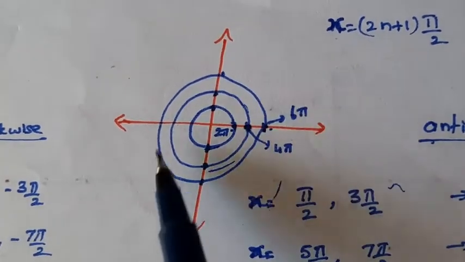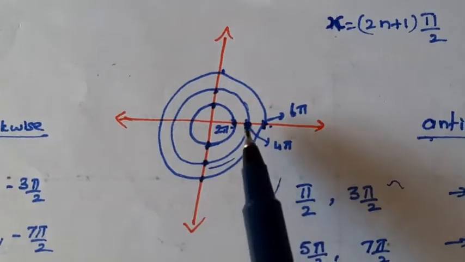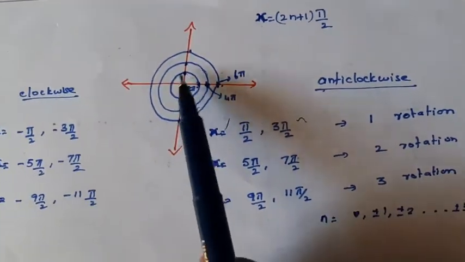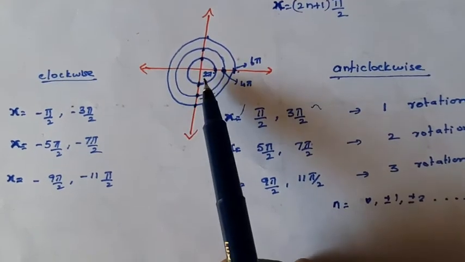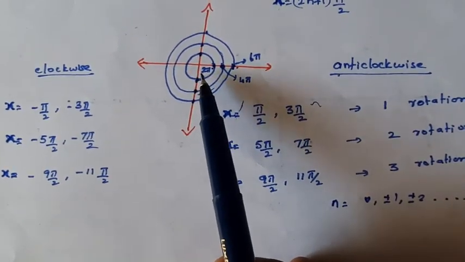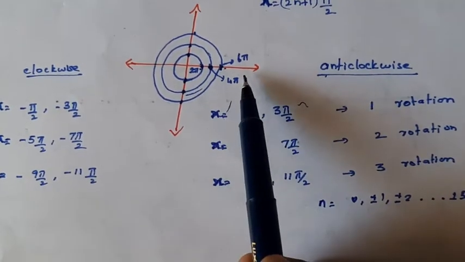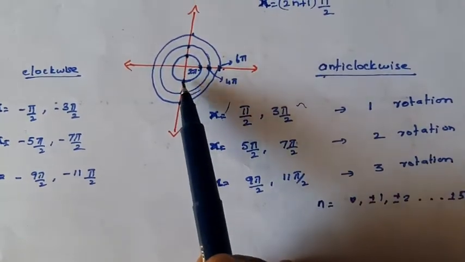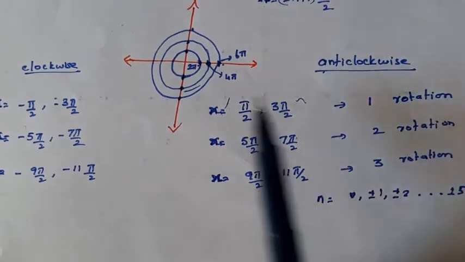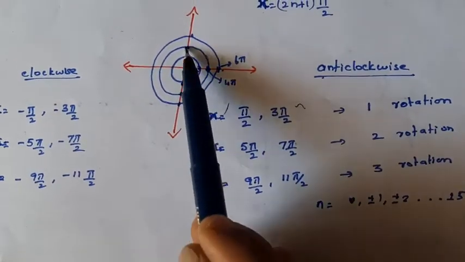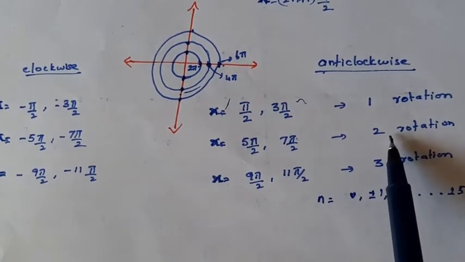So you have to choose the angles only within these 3 rotations. If the angle is measured in the positive direction, that is the anti-clockwise direction, then for the cos value to be 0, x is equal to pi by 2 and 3 pi by 2 in the first rotation. And for the second rotation it will be 5 pi by 2 and 7 pi by 2.